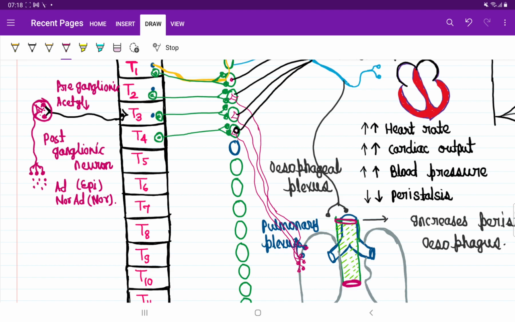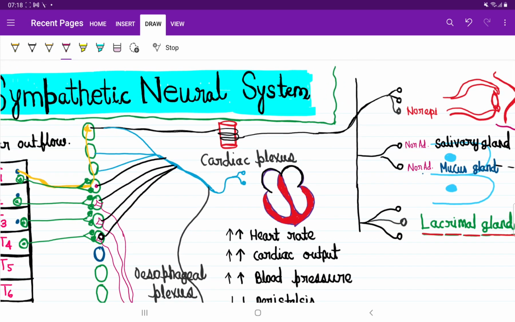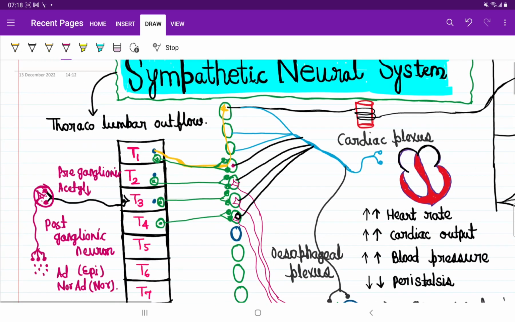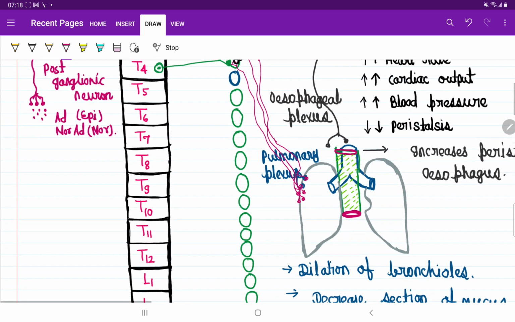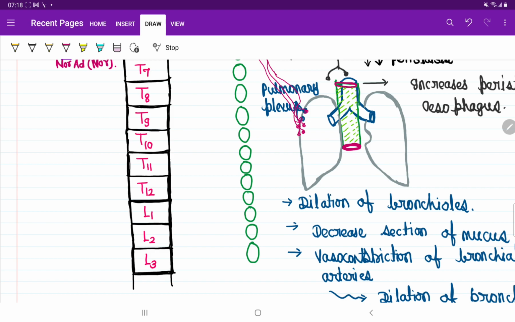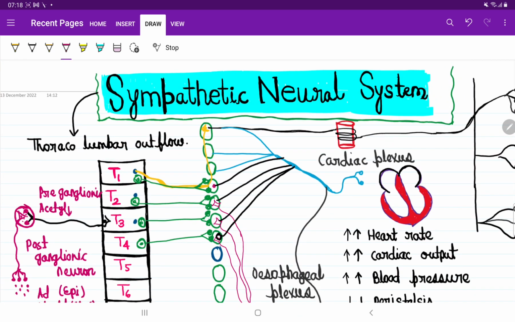In this video we will discuss in detail how different spinal nerves give the sympathetic neural supply to different organs. You see, this is our T1, T2, T3, T4, T5, T6, T7, T8, T9, T10, T11, T12, and then L1, L2, L3, which form our thoracolumbar outflow, meaning the sympathetic neural supply.